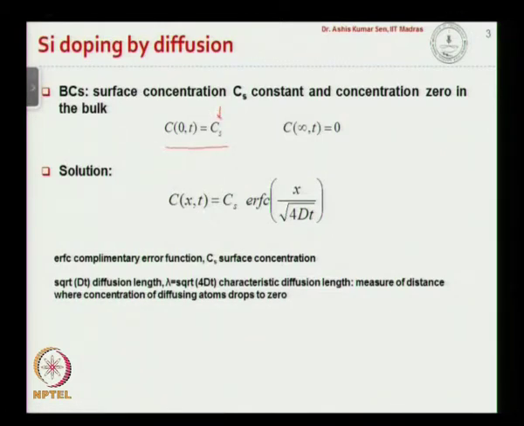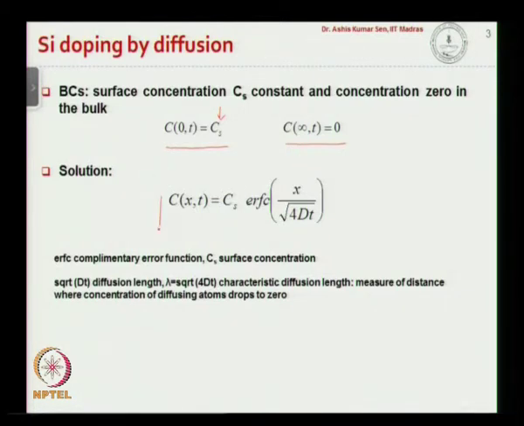So that is a constant value at the surface, and C at x equal to infinity for any time is 0, because the concentration would reduce to 0 as we go far away from the surface. With these two boundary conditions, the equation can be solved.